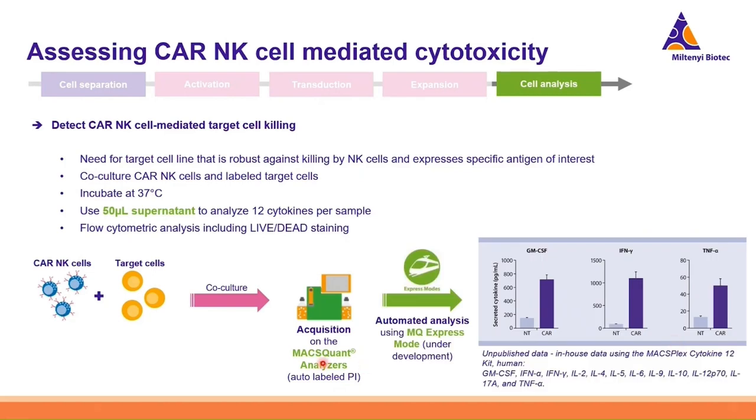However, the MACSPlex kits, which include these 12 cytokines, can be used with any flow cytometer. Here, out of these 12 cytokines, 3 are highlighted, where it could be nicely shown that after co-culture with the target cells, the CAR NK cells secrete an increased amount of GM-CSF, interferon gamma, and TNF.